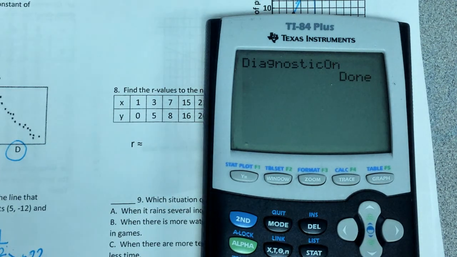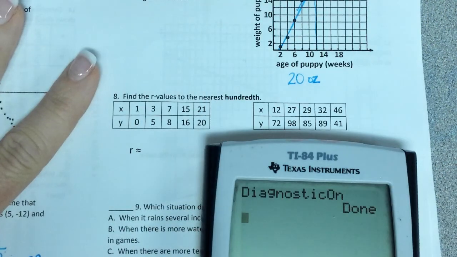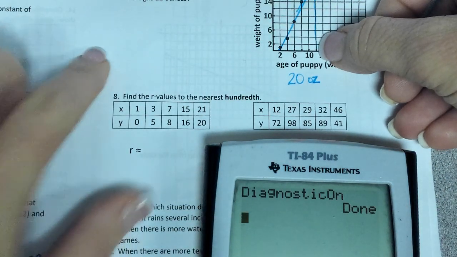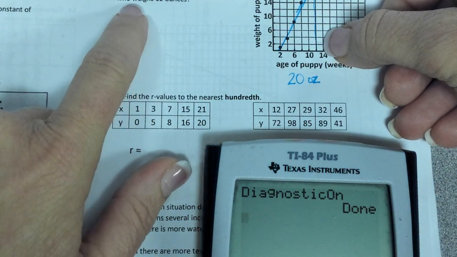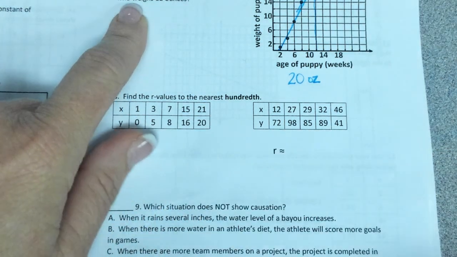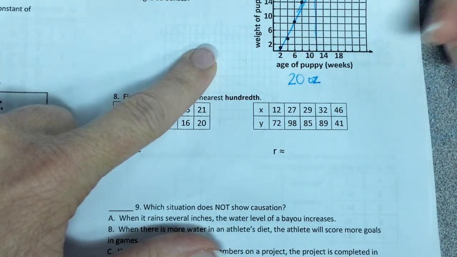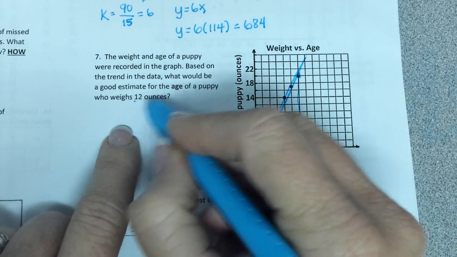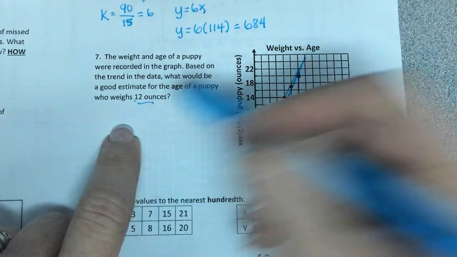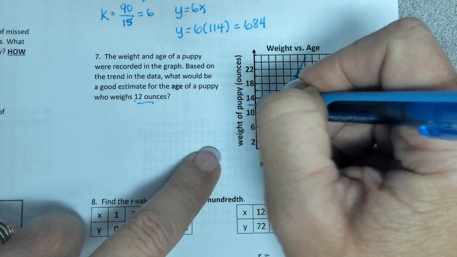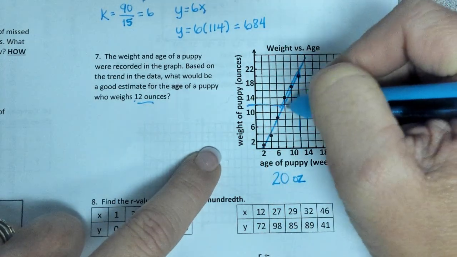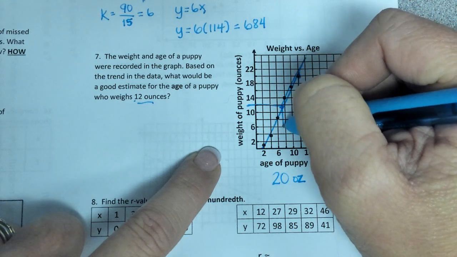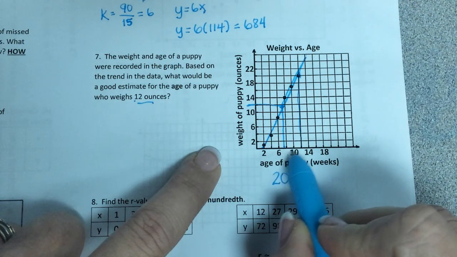For number 7, you did wrong. You were looking at ounces on the A. Oh, you're right, I did do it wrong. Thank you. Go back to number 7, please. Because it was saying, what is the age of the puppy whenever it weighs 12 ounces? So I needed to look over here. And I see that it's at this point, which would be, what are these counting by? 2?